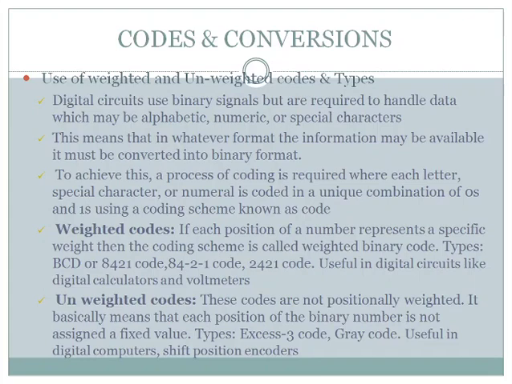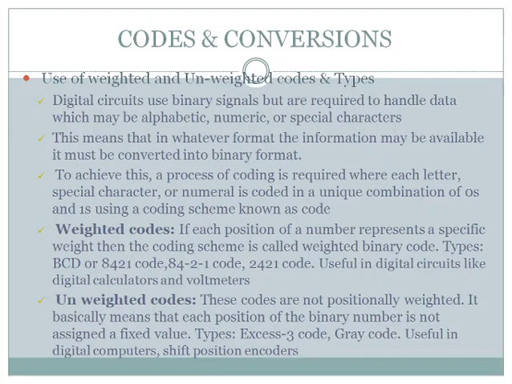that means the weight for each position is different, then that particular code is called a weighted code, and since these are binary codes, it is called a weighted binary code. We have various types of weighted binary codes like BCD, the binary coded decimal, also called 8421 code, and also the 84-2-1 code and 2421 code.